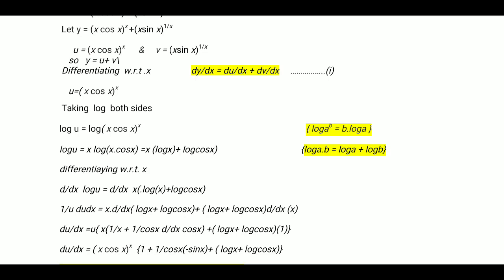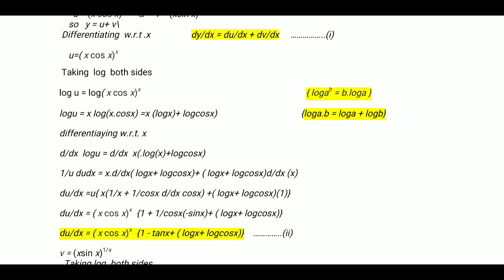Left hand side, d/dx of log u: the differentiation of log is 1 upon the function, 1 upon u, and u is not in terms of x, so you will write du/dx by chain rule. And right hand side will be x into d/dx of (log x plus log cos x) plus (log x plus log cos x) into d/dx of x.